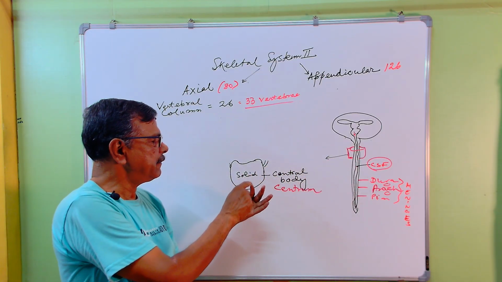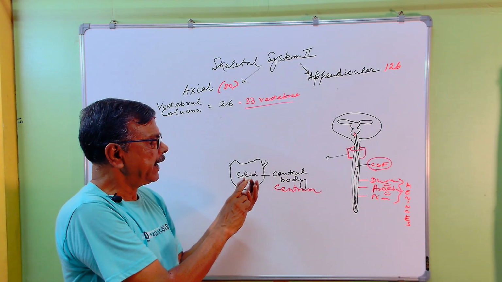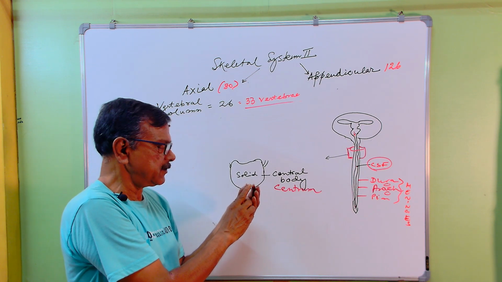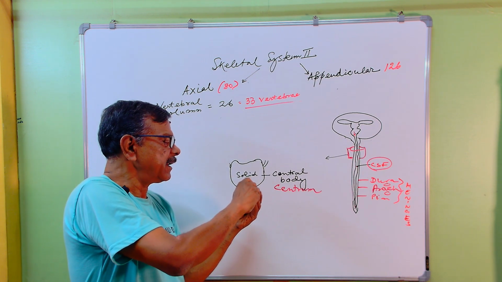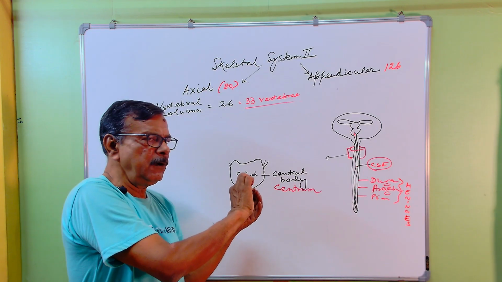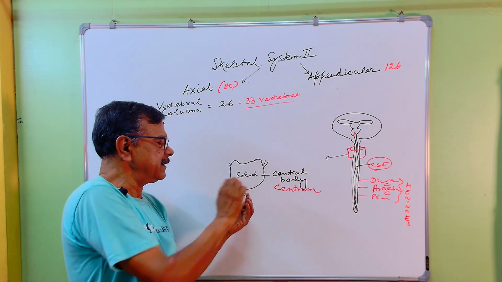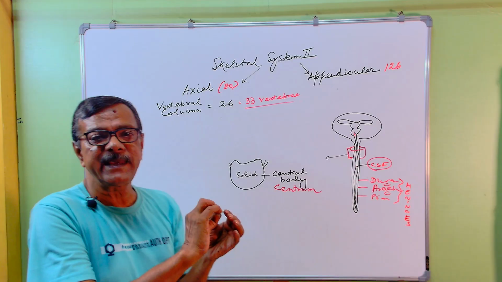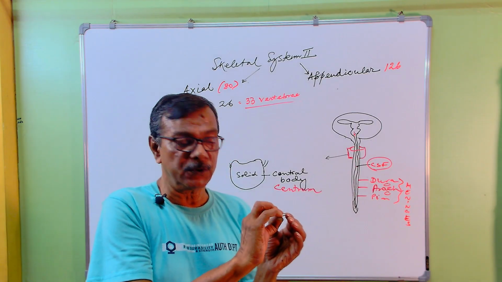This is the central body. Of course, it is not hollow, it is solid. It is fully made up of solid ossified bone or osteocytes.